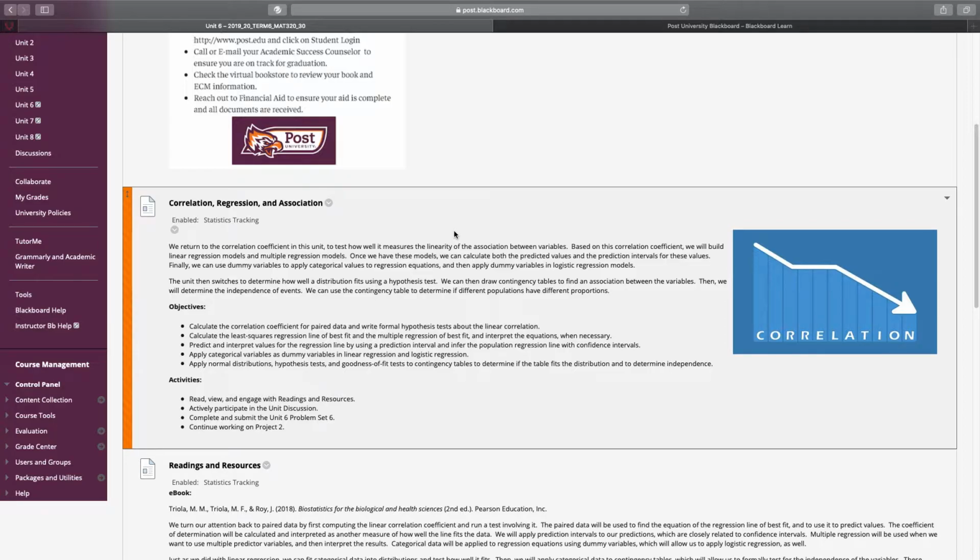Finally, we can use dummy variables to apply categorical values to regression equations and then apply dummy variables in logistic regression models, where the dummy variable is the response variable as opposed to a predictor variable, which was the first portion of that.